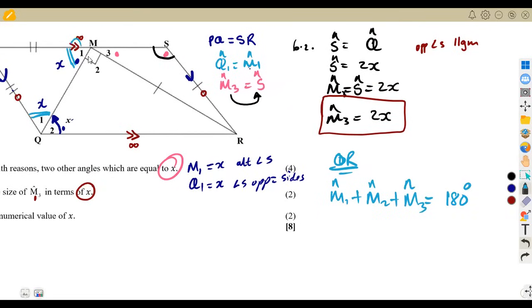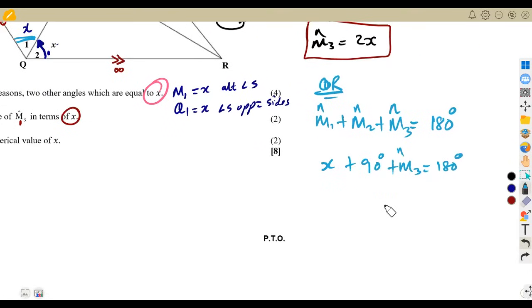So if I substitute, I've got M1, which is x, plus M2, which is 90 degrees, plus angle M3, which is equal to 180 degrees. From there, I can transpose and find angle M3.